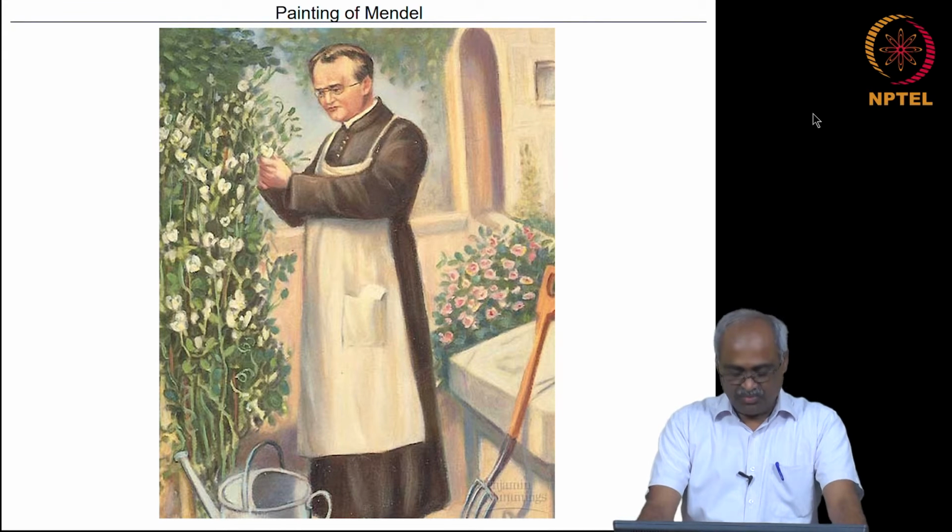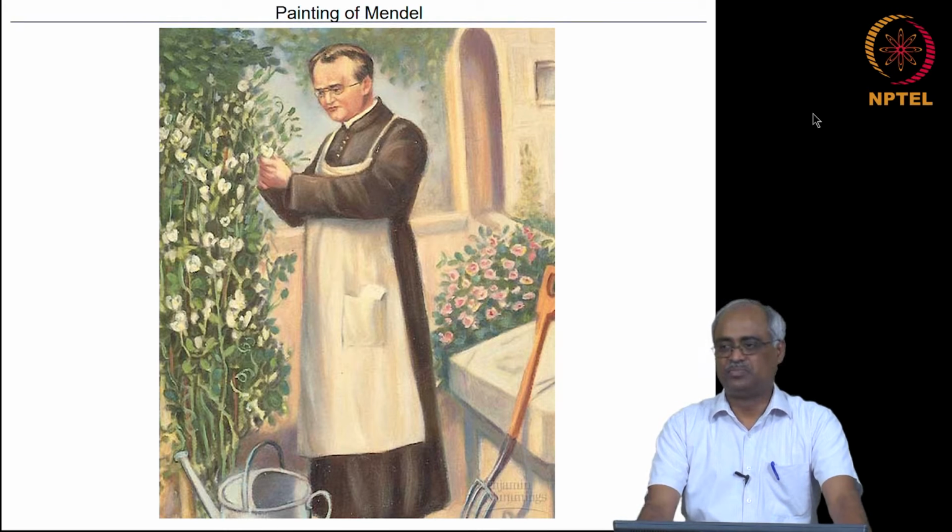So like this there were multiple evidences that contradicted blending theory. So people were interested in finding out how exactly genetic information gets transmitted. So that is the context in which we need to look at Mendel's experiments.